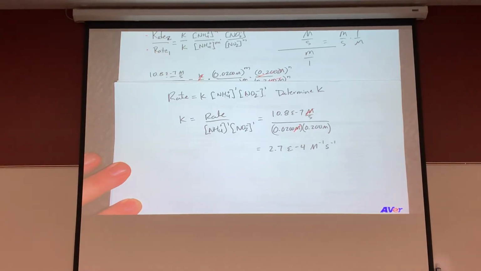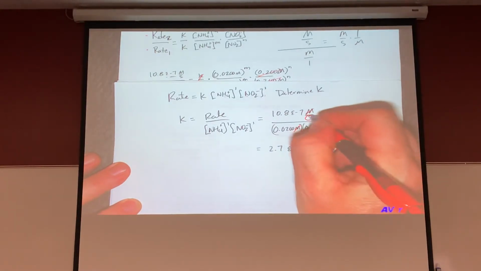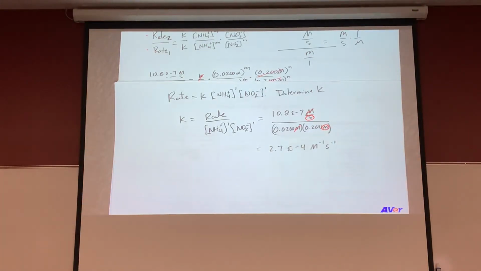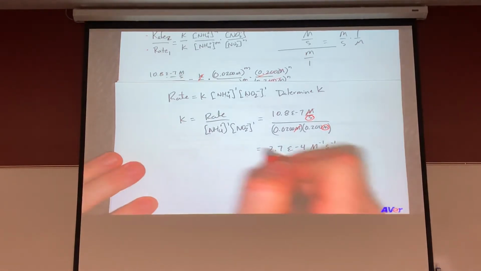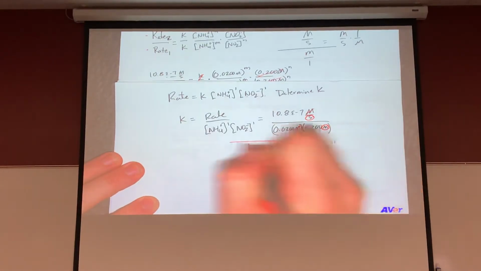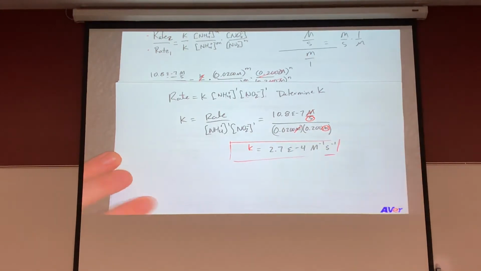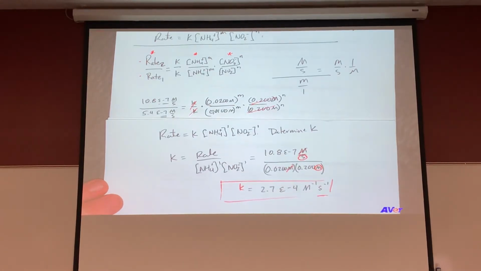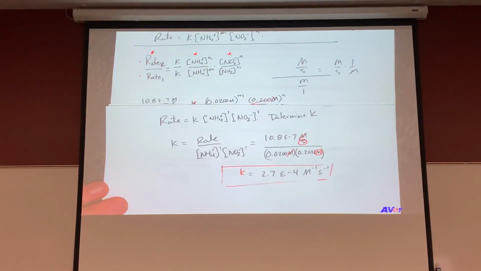That's because you've got seconds in the denominator, and you've got the molarity in the denominator again. So that's your value for K for this particular reaction using that data set. If you solve it using the second data set, you will get the same answer.